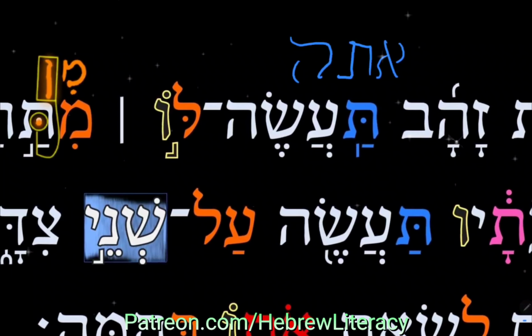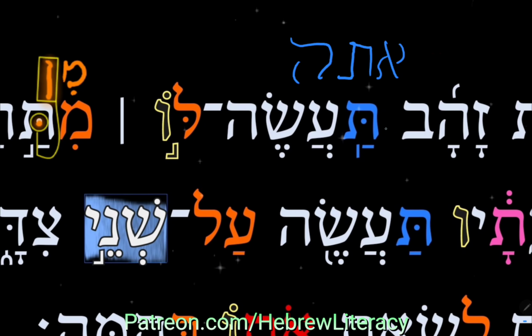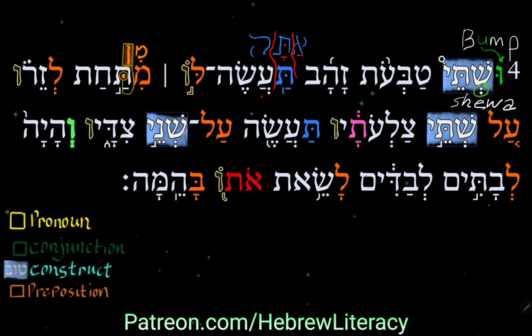And what we have here is the tav at the beginning should remind you of the tav in the middle of that word. And yeah, there's a dagesh in it also. So ata, you. Ta, you. Taaseh, you will make. Lo, the lamed means to or for. Lo, for him or it, right? Meaning for the mizbeach, for the altar.